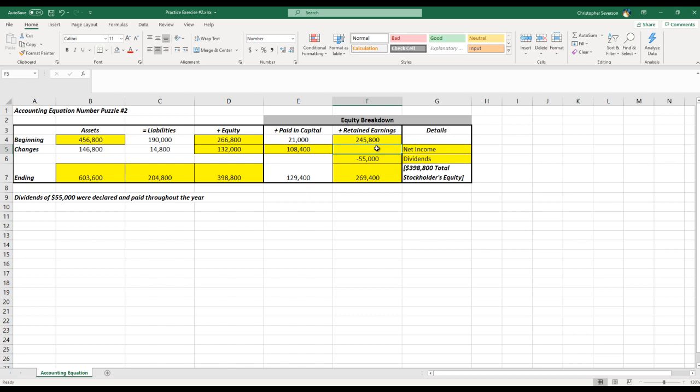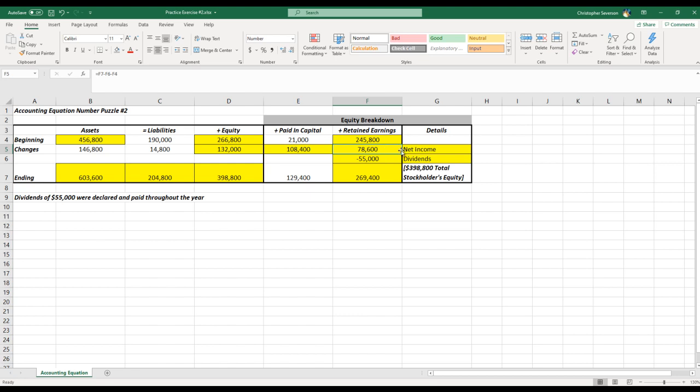What we basically need to do is start at the end. So I'm going to put a formula here using the ending balance, and then I'm going to reverse the dividend change and the beginning equity. In other words, I'm going to subtract them. Now we're subtracting a negative here, which ends up adding the number. I'm going to subtract out retained earnings to get the final number, 78,600 net income.